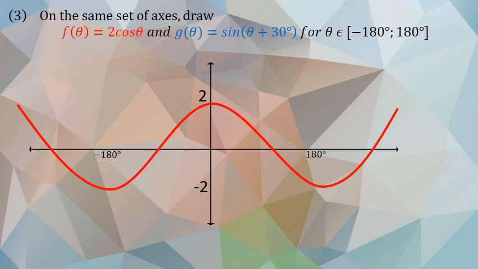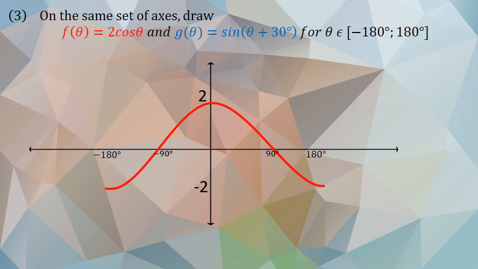I also advise that you allow yourself to sketch the full curve. Get your shape of cosine looking really, really good. And then after you've got the full curve in the space of its normal period, 360 degrees, you can go and restrict the domain by cutting off the edges of the graph to fall within that interval, negative 180 to positive 180. So sketch in pencil and then go and erase the part of the graph that you don't need.